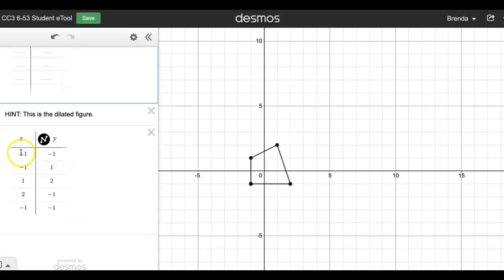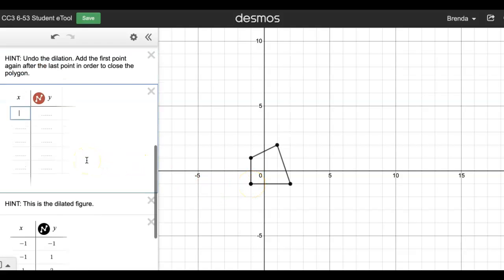I'm going to multiply this negative 1, negative 1, which is this coordinate here. Multiply that by 3, and I'm going to get negative 3, negative 3. So it's going to put a dot down here in red for me. Now I'm going to look at this next coordinate, which is negative 1 and 1. Multiply those by 3. I'm going to get negative 3, positive 3.